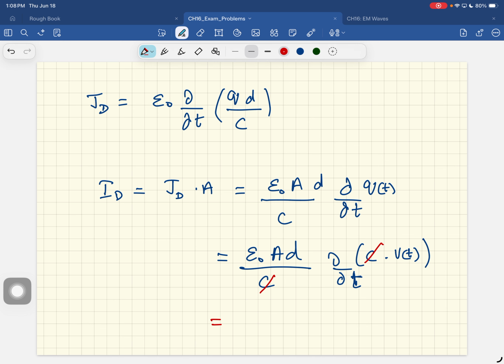Okay, that's 10 to the minus 10, 10 to the minus 3. Okay, so displacement current is 10 to the minus 3, and this will be in amps, times 8.85 times 0.2.